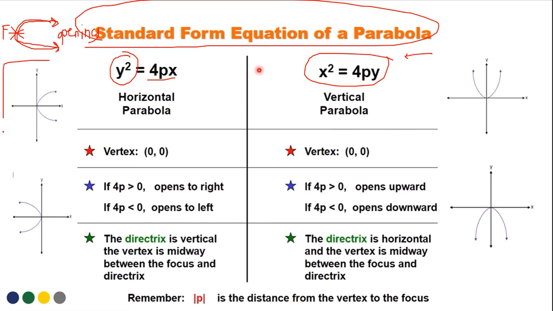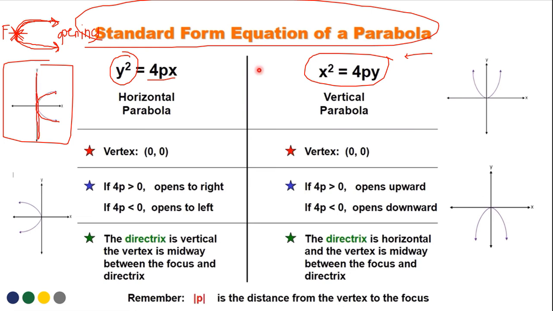So, as you can see here in drawing number 1, kung saan po nakaharap yung parabola, ulitin ko, para pare-parehas tayo ng concept, this is the front, yung may F. This is the front of parabola. Kung nasaan po yung front ng parabola, naka-squared yung axis kung saan siya nakaharap, which is y-axis, which is the vertical.